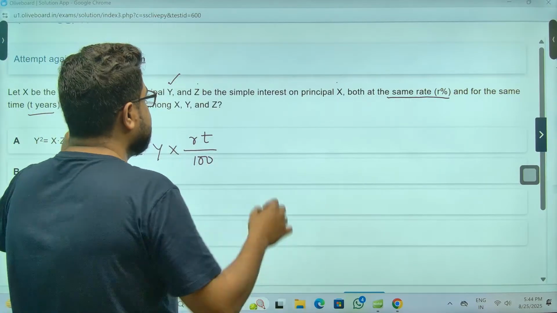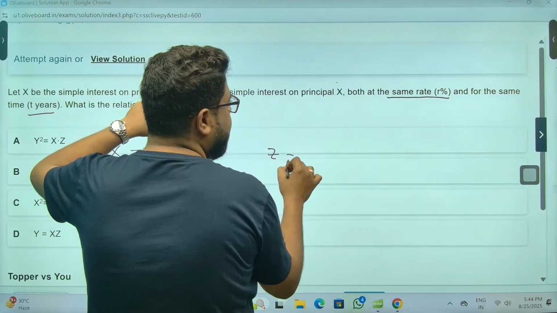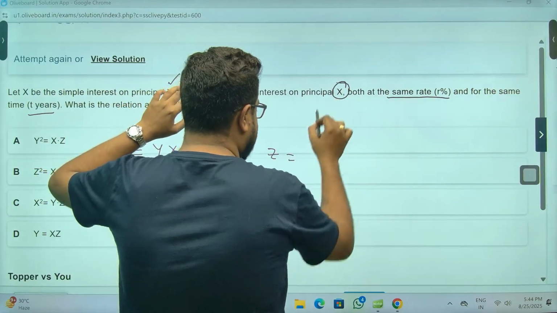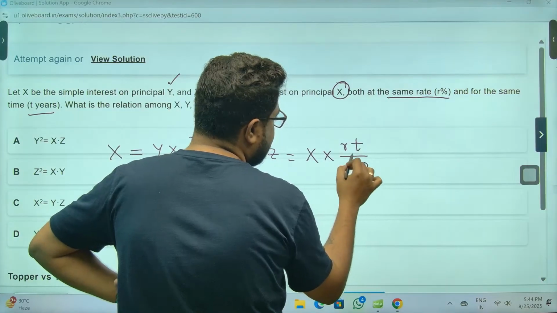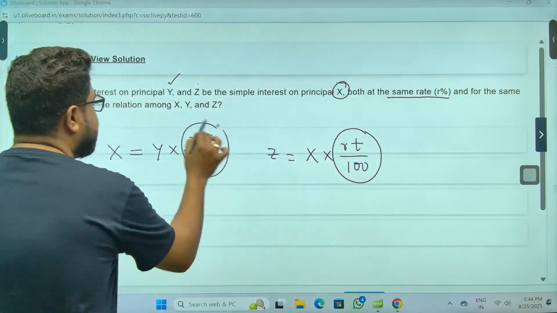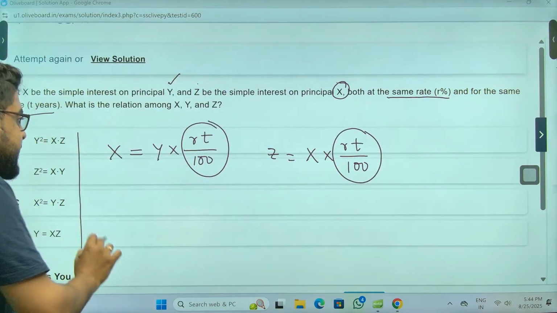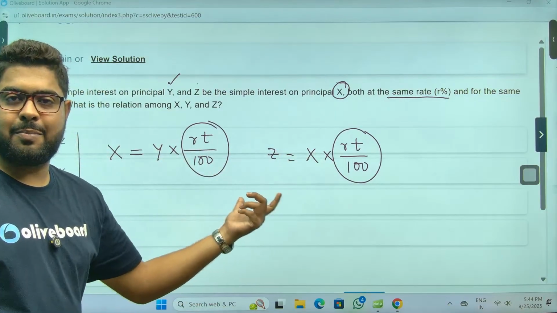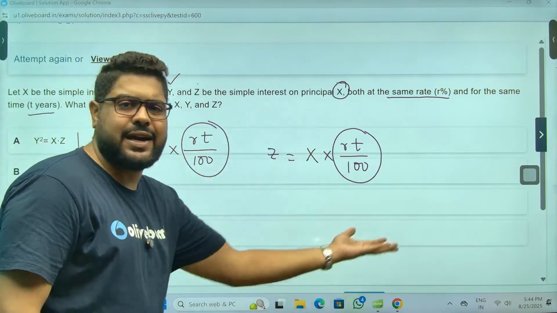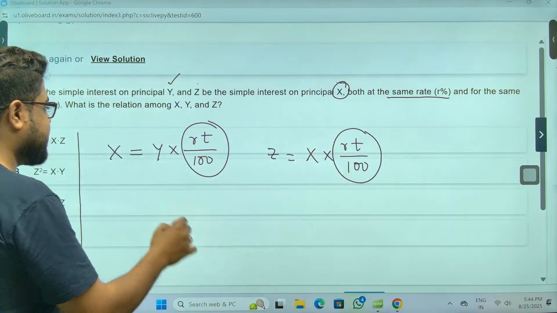Z is the simple interest for principal X into again RT by 100, sir. In the options there is no R and T, so make this equal, or just divide these two equations.